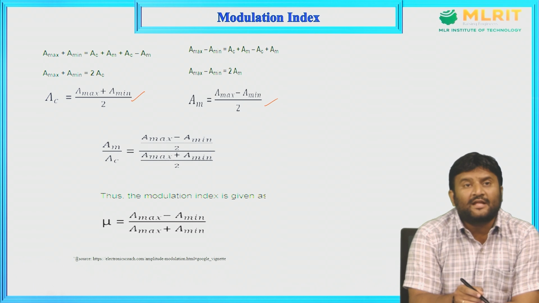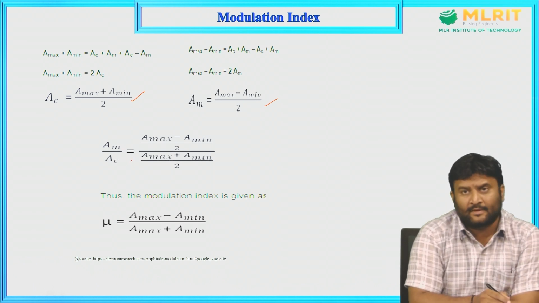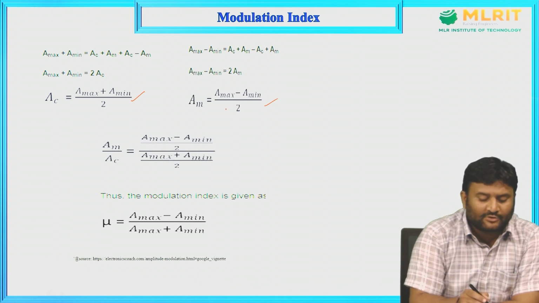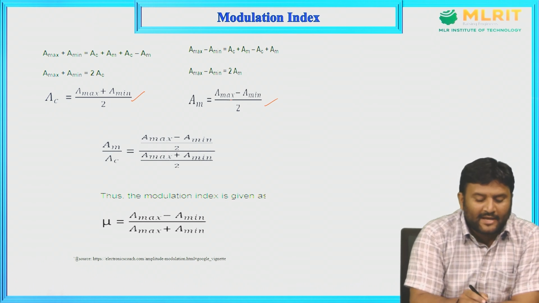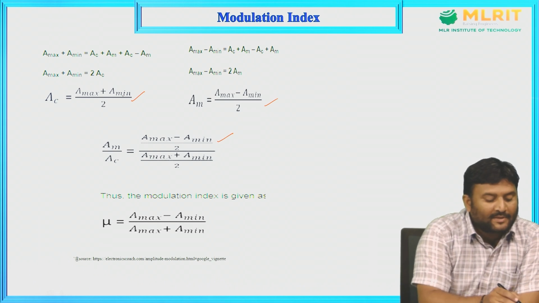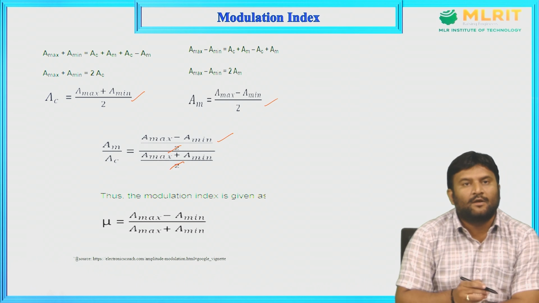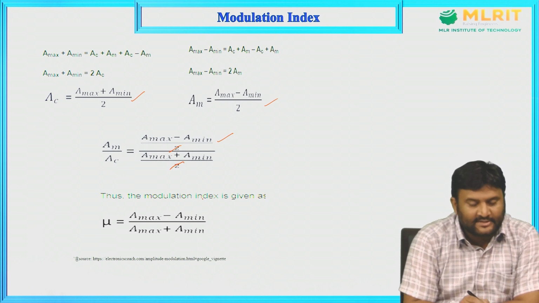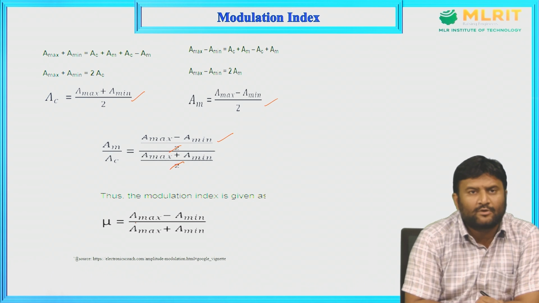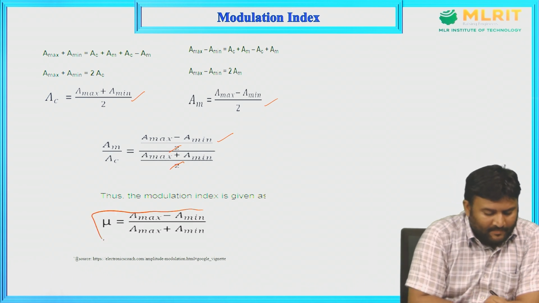If you take the ratio between these two, nothing but AM by AC, as per the definition of the modulation index, AM should be A maximum minus A minimum by 2 and AC should be A maximum plus A minimum by 2. Then observe here, this one and this one get cancelled. What is the remaining? Thus the modulation index is given as mu is equal to A maximum minus A minimum by A maximum plus A minimum.